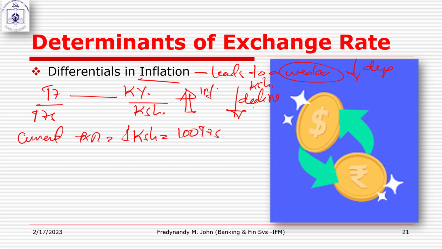That is to say, in case of a very serious inflation, the exchange rate for 1 Kenyan shilling may decline to as low as only 75 Tanzanian shillings. This is the effect of inflation.